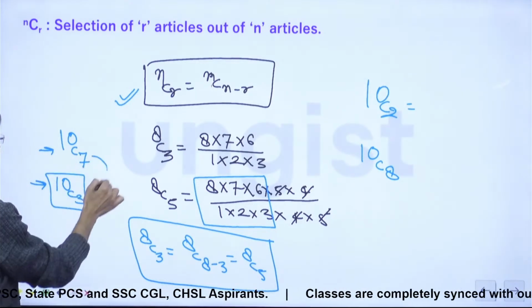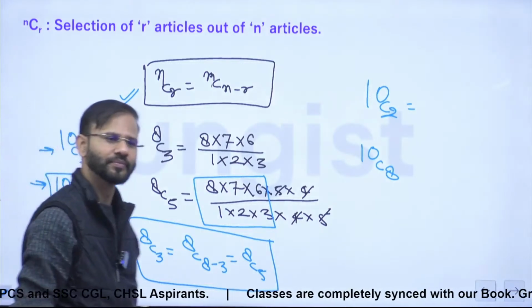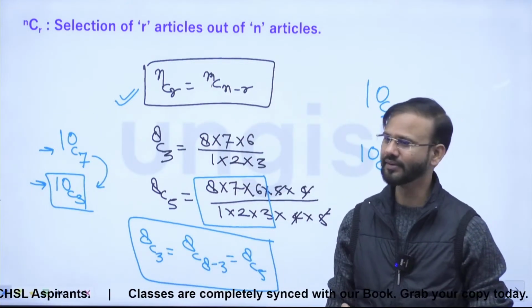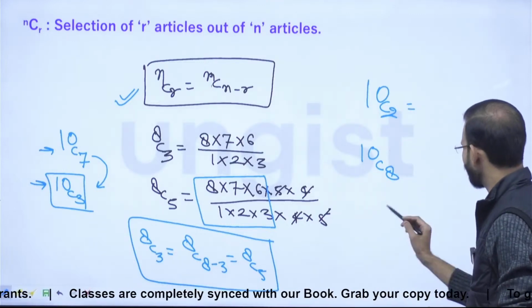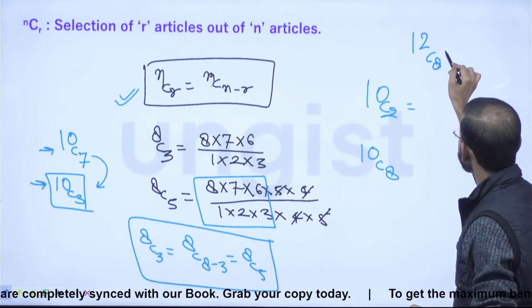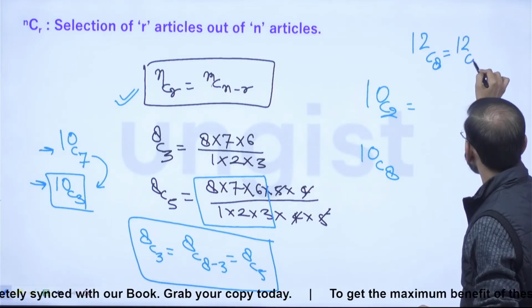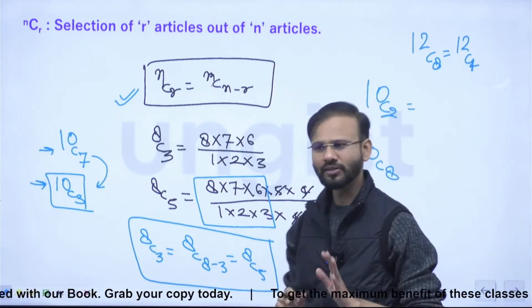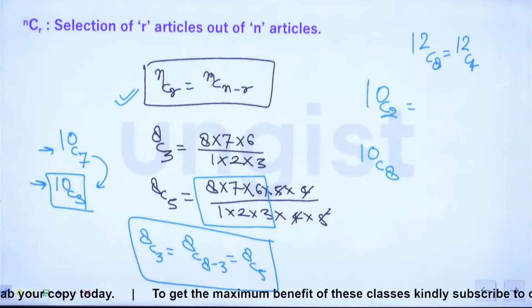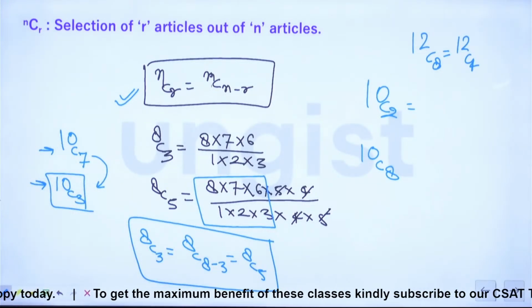Guys, 10C7 is equivalent to 10C3. Now tell me, 12C8 is equivalent to what? 12C4. Everybody, is it clear now? Please note it down and then we will move to the next concept.